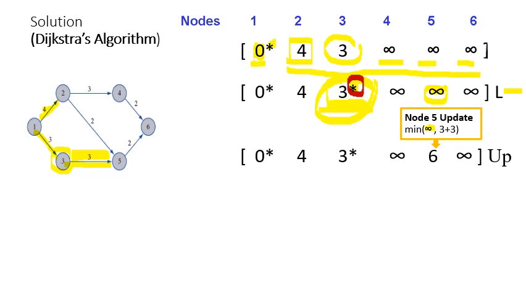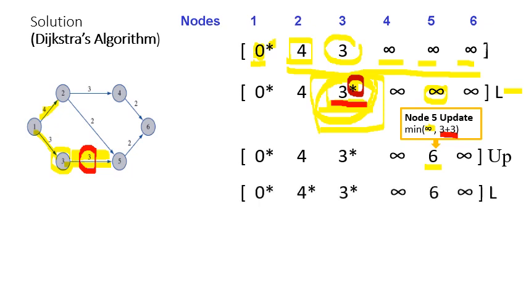So you're adding this 3 with this 3. So you compare between its previous label and the new label, which is the sum of the previously permanent label plus the distance from that node to the node that we want to update. The result here is that the minimum between infinity and 3 plus 3 is 3 plus 3. So you update the label of node 5 from infinity to become 6.